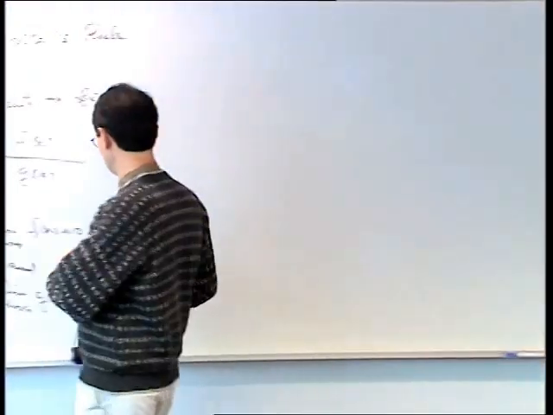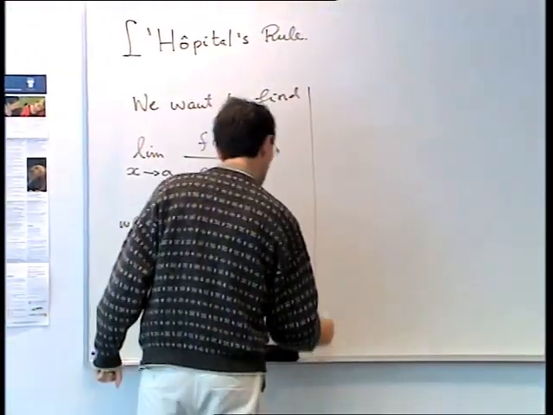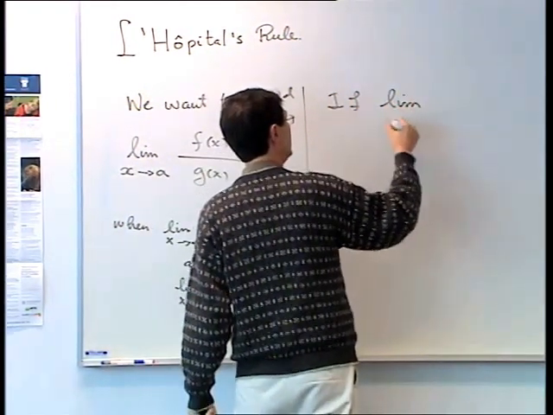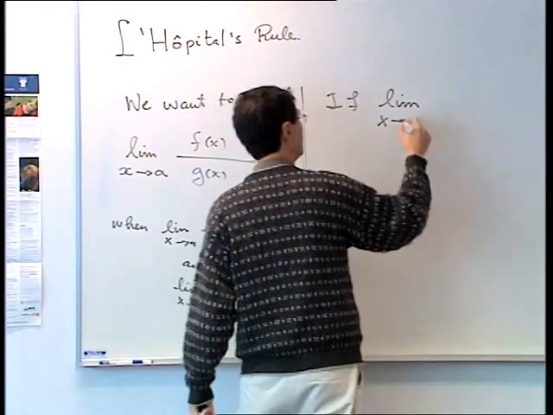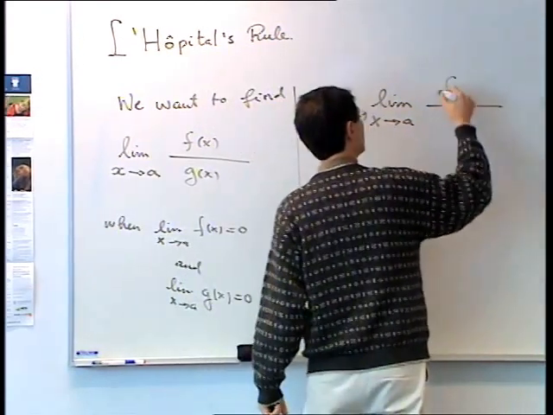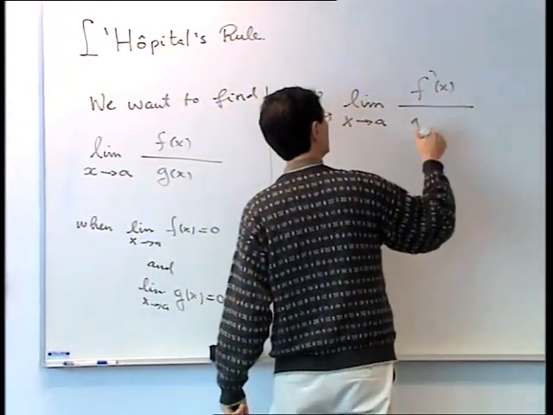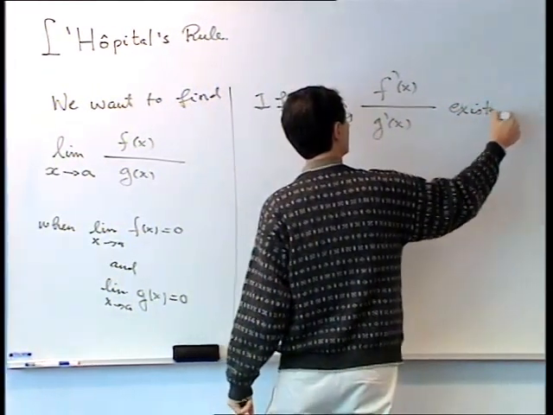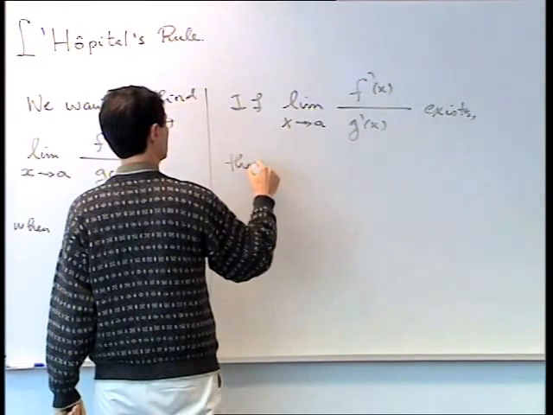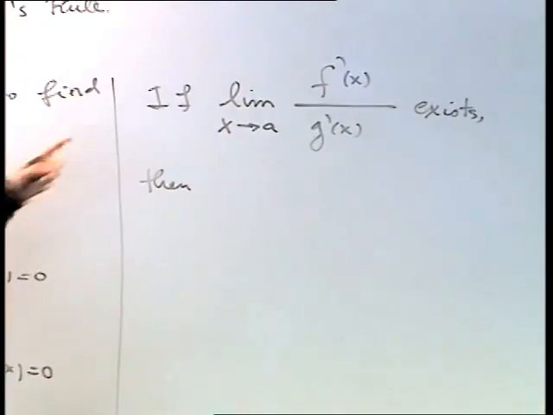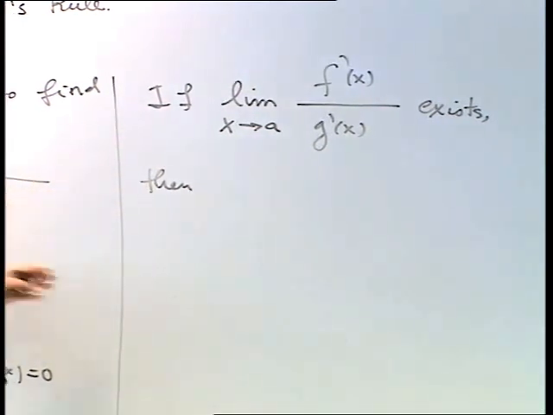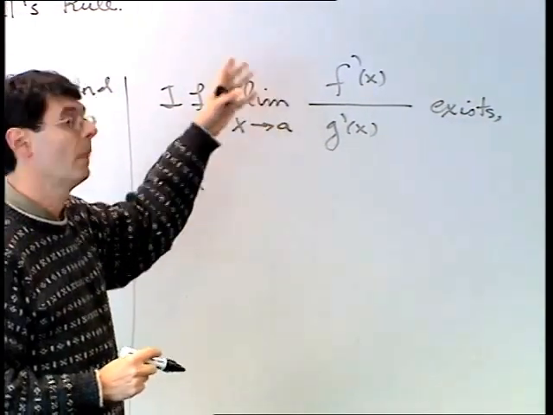Okay? So here's what L'Hopital's rule says. If this limit here exists, then the two limits you want are the same. The limit you want and the limit that's on the right here, they're the same.